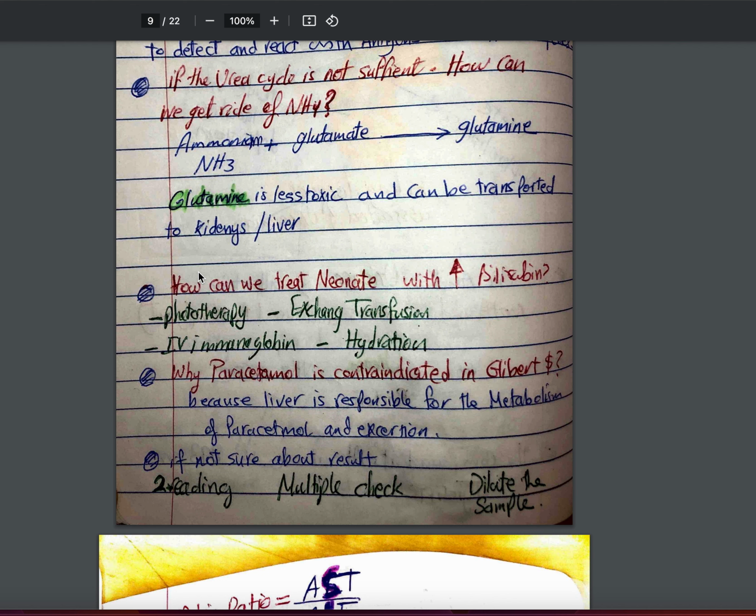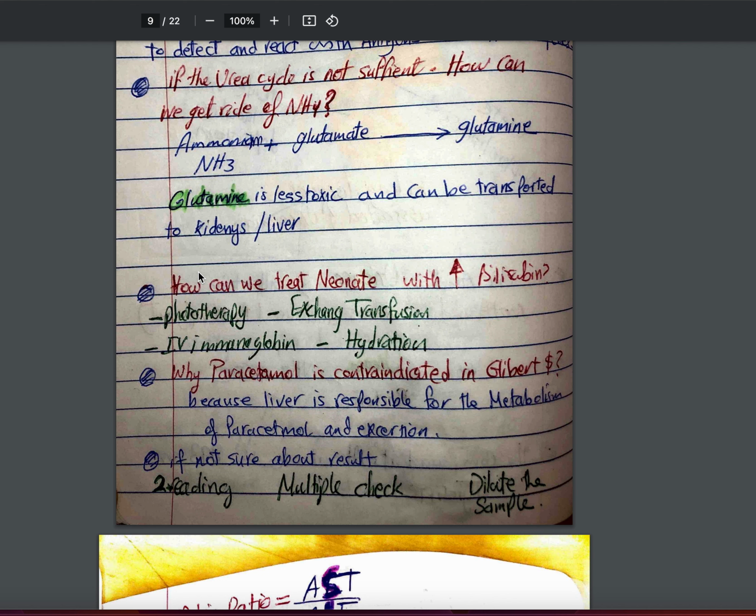So again, why is paracetamol contraindicated in Gilbert syndrome? Because in Gilbert syndrome there is a reduced level of the uridine diphosphate glucuronyl transferase enzyme, and that leads to decreased metabolism and excretion of paracetamol, which then accumulates inside the liver and leads to a toxic liver.